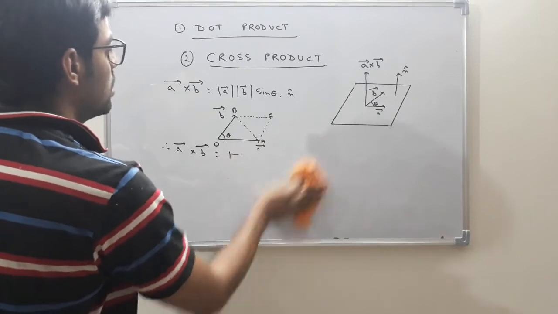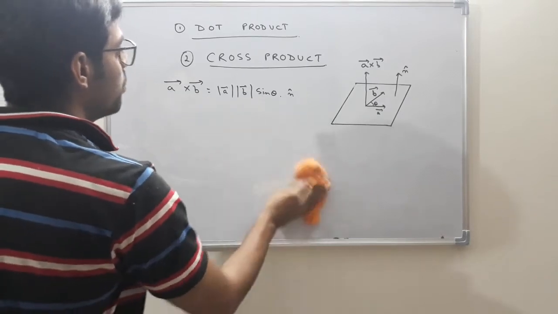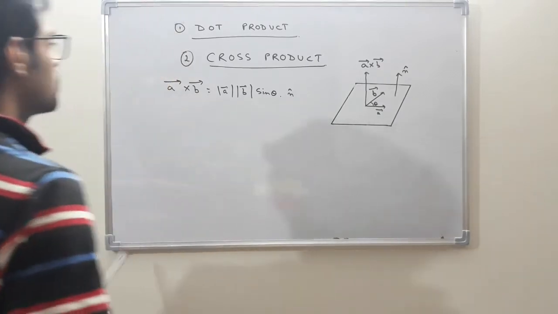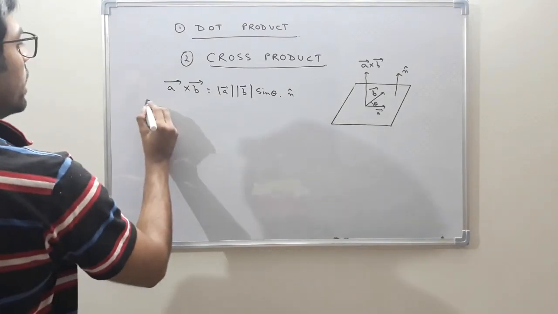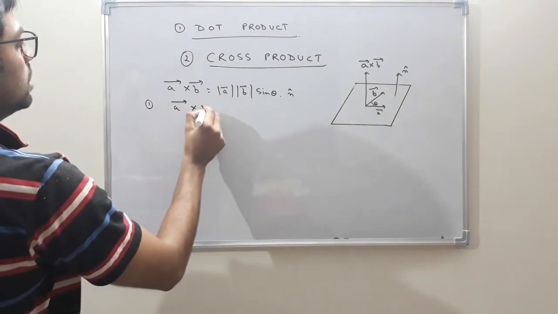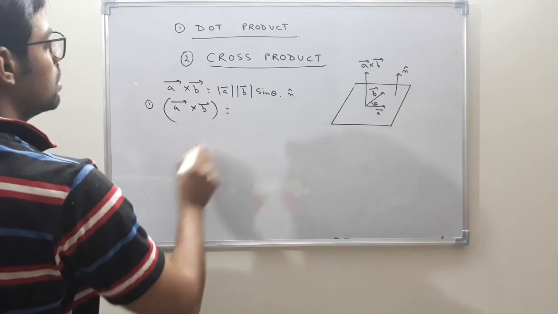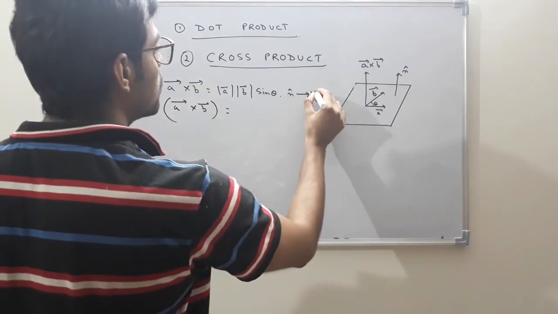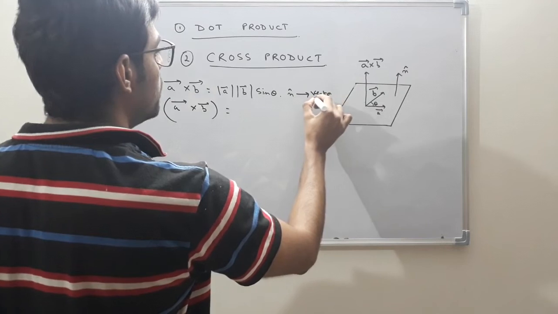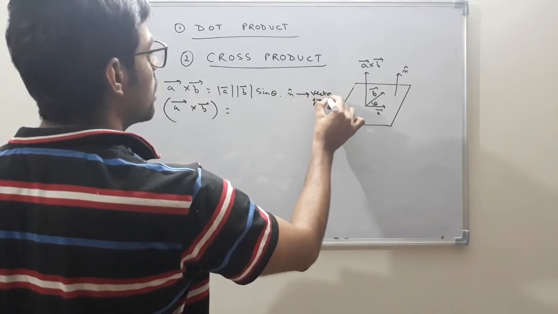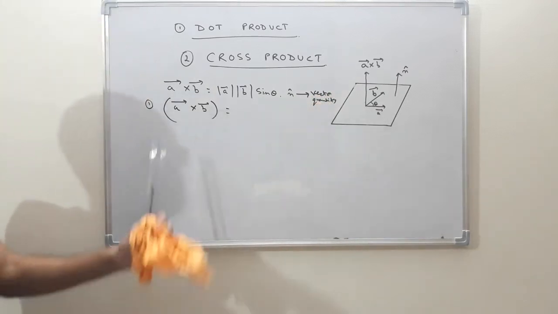Now let us see the important points to remember about this cross product. First point is that A cross B is a vector, it results in a vector quantity. In the previous case, in case of dot product, the result was a scalar quantity, but this is a vector quantity.